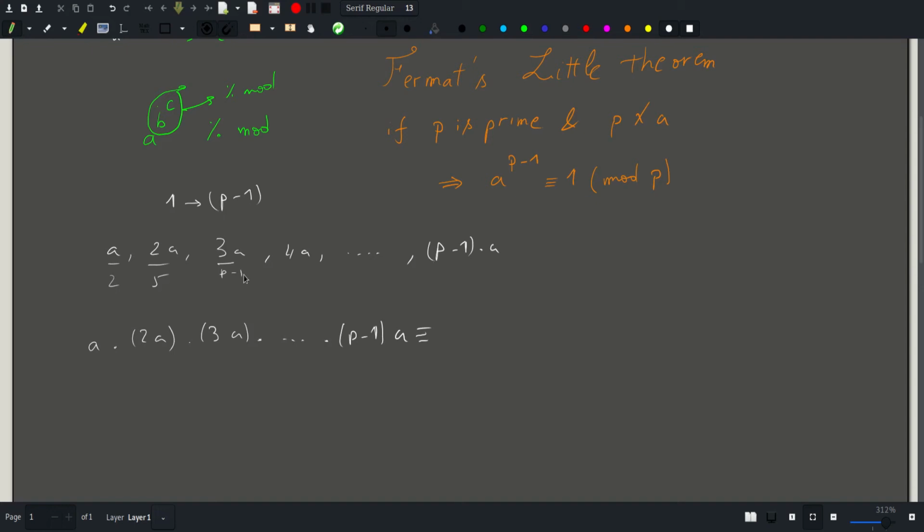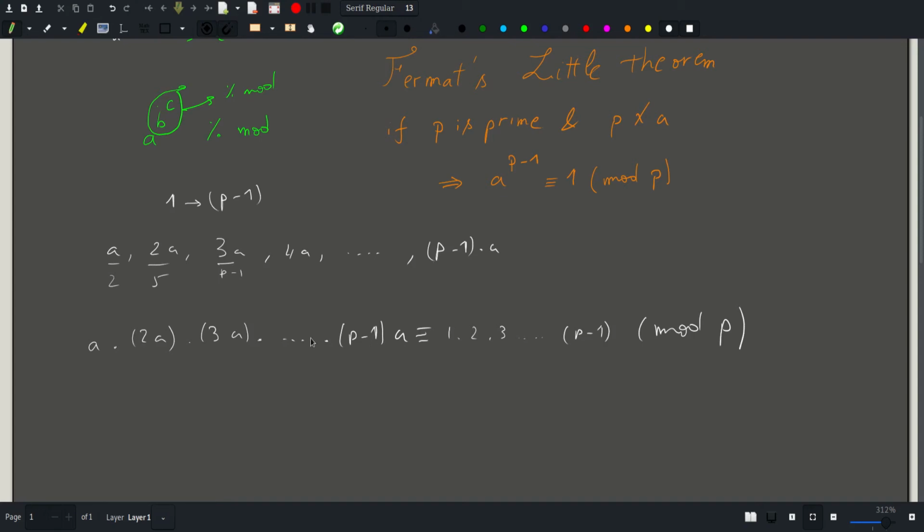These values I just made up, but the most important thing is that we will have all the values from 1 to p minus 1 included in some random order. And since we are just multiplying them, then we can rearrange them in the normal order. So this will be congruent to 1 times 2 times 3 up to p minus 1, everything mod p.